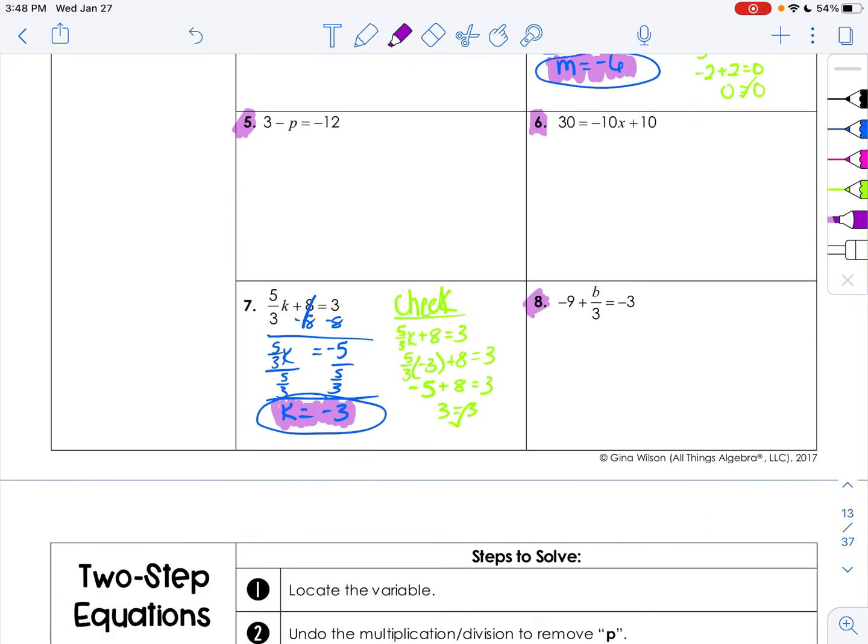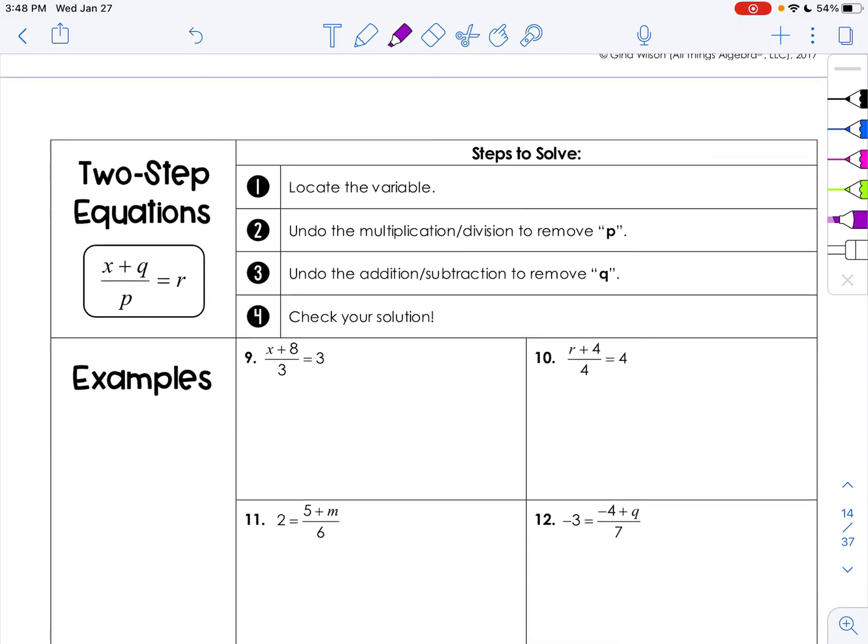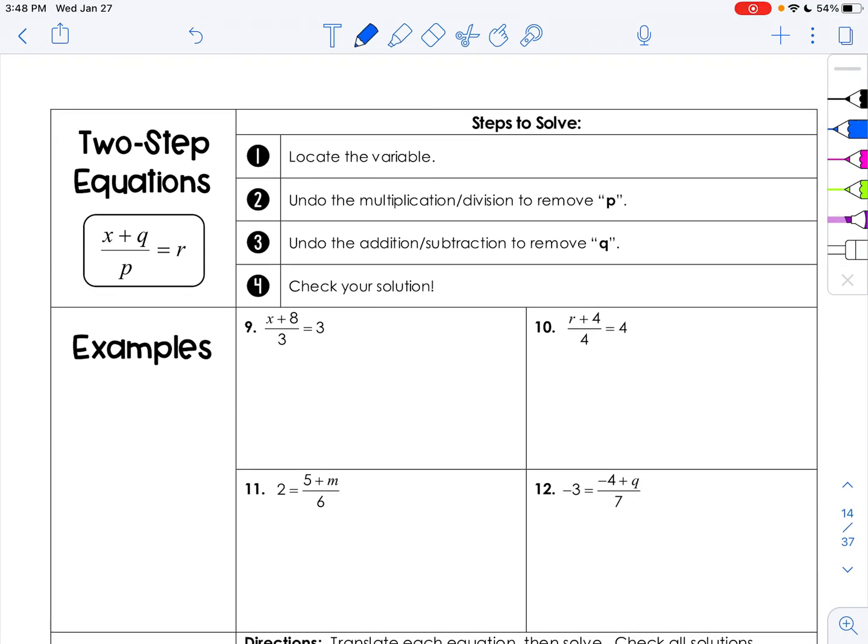And then on the next page, we're going to look at some similar problems, but very different at the same time. So we're still going to look at two-step equations. Your steps are similar. So if you notice with these, I had division in the first set of problems we just looked at. But with these problems, if you look over here at this general example, the difference is that this whole left side is being divided by.